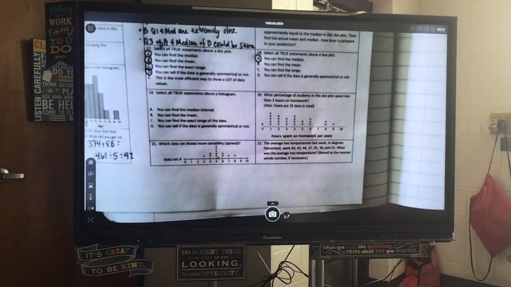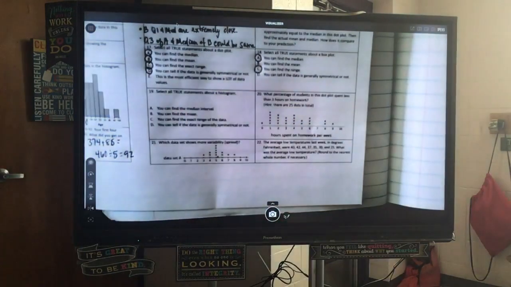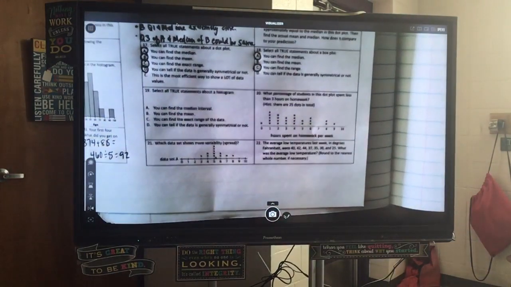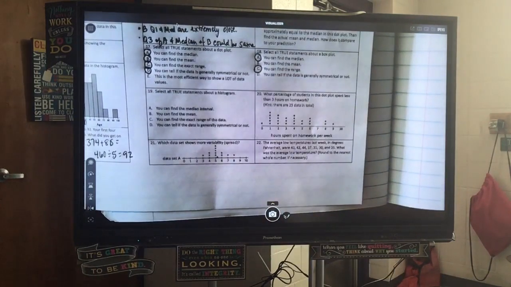Stand up if you said you can find the range. Okay, you can find the range because you have what? The maximum and the minimum. All right, and then D, it says you can tell if the data is genuinely symmetric or not. So how many of you guys were like, I just don't know on this one?